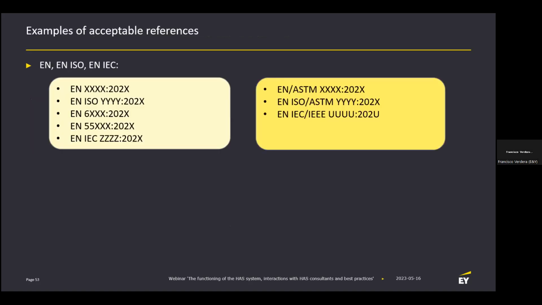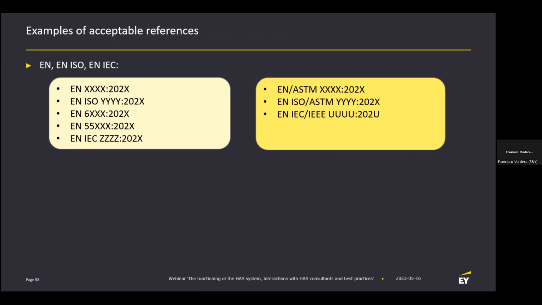Some examples on how to make references that are acceptable. You see them on the left: EN XXX, EN ISO, EN IEC, now they are in CENELEC, or references to CISPR and electromagnetic related standards, 55.